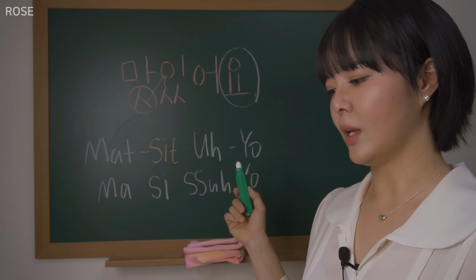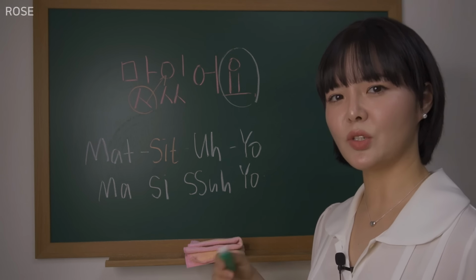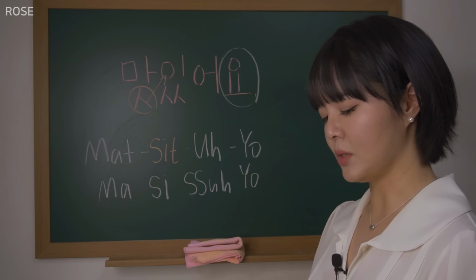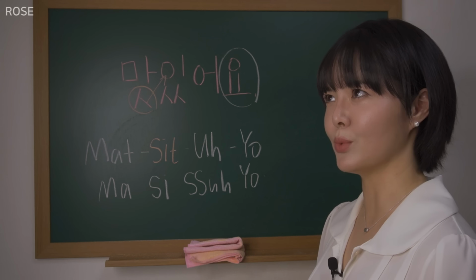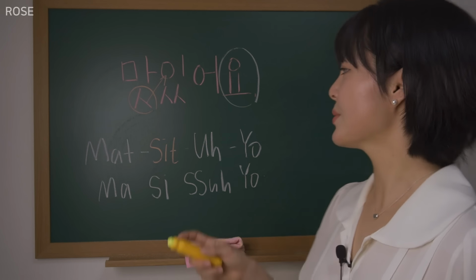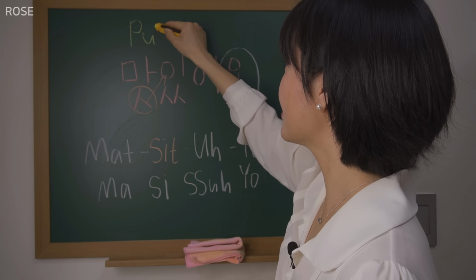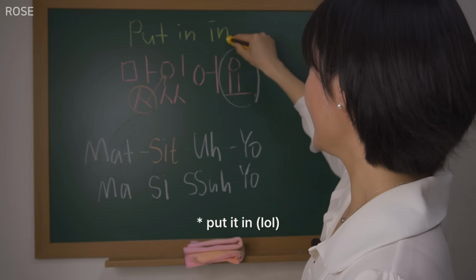For example, in English it's the same. The same rules apply here. I'm just having a difficult time thinking of specific examples. Okay, how about this? In English, let's say there is a phrase, put it in.